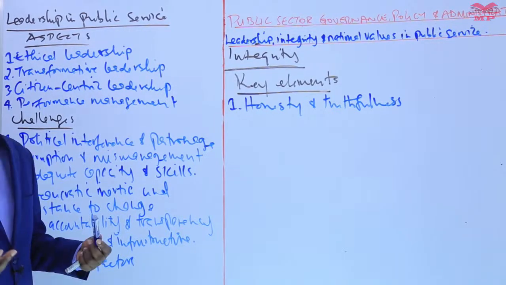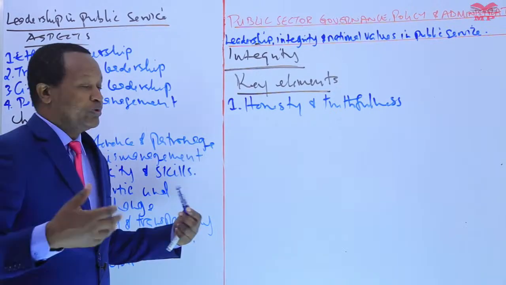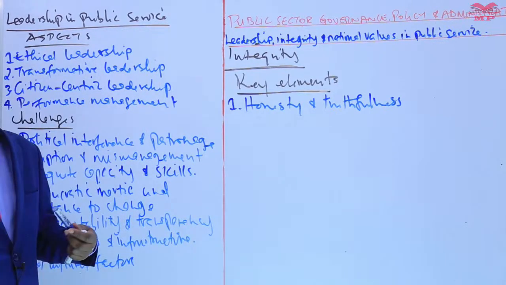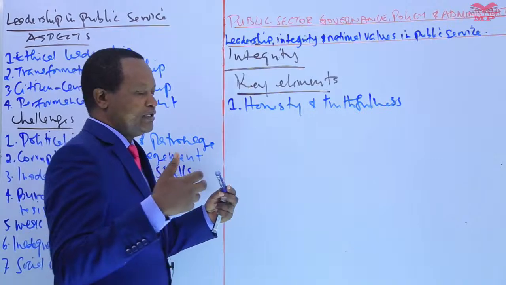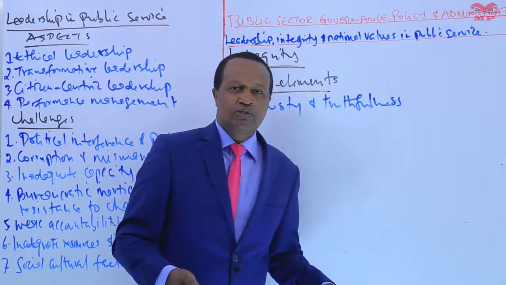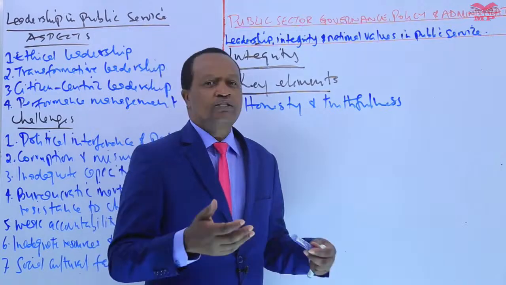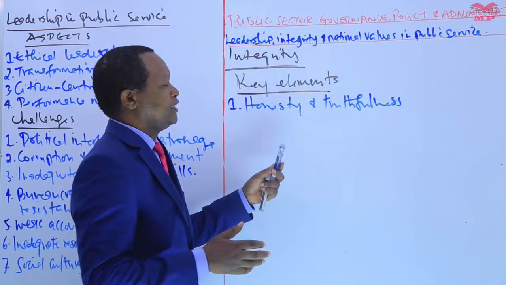They're expected to be truthful in their dealings with the public, with their colleagues, and their superiors. And that involves providing accurate information, avoiding lies, avoiding deception, and disclosing conflicts of interest. That's the meaning of being honest and truthful.